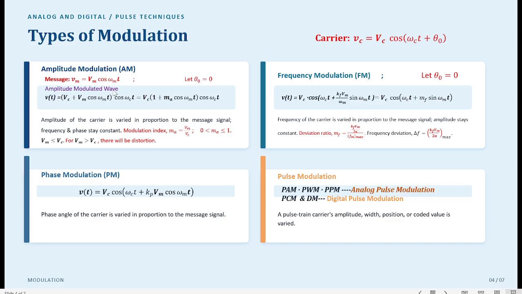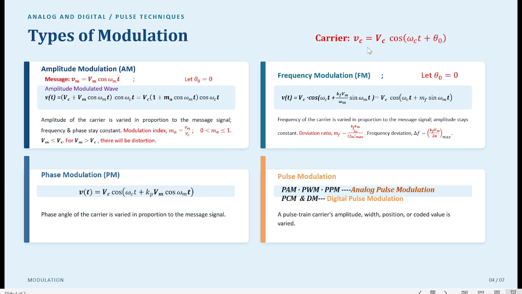The carrier wave equation is like this: theta 0 is the initial phase, omega c t plus theta 0 is the total phase, and Vc is the carrier amplitude.